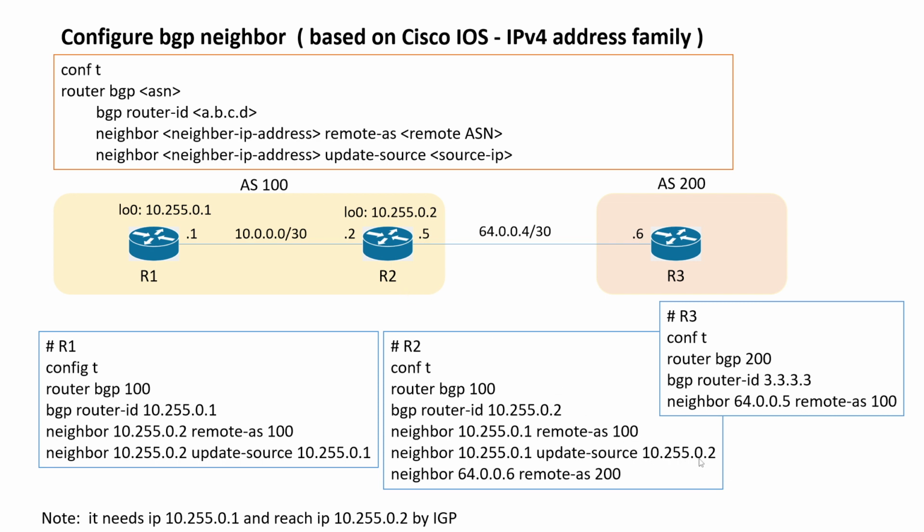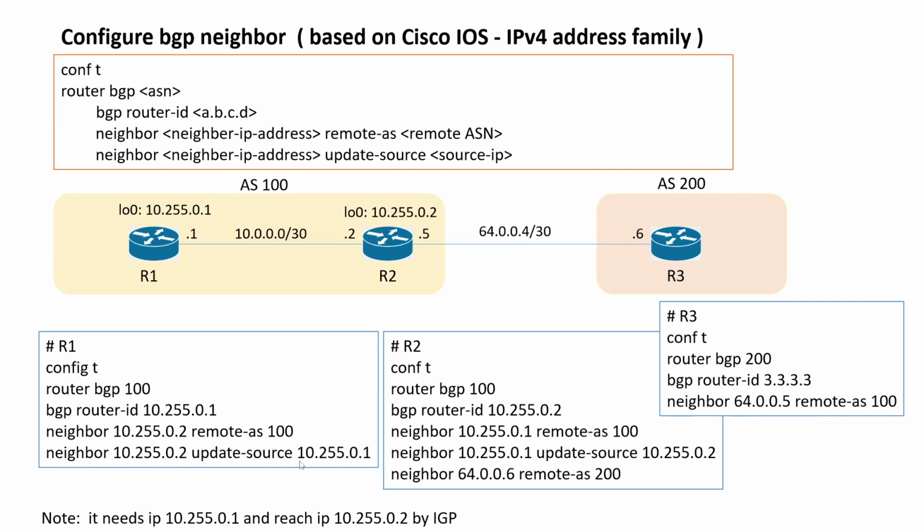The source address for R2 is 10.255.0.2. R1 checks whether this IP address matches its configuration or not. In R1's configuration, its neighbor is 10.255.0.2. Since it matches, they can establish the BGP session. So this is the command.